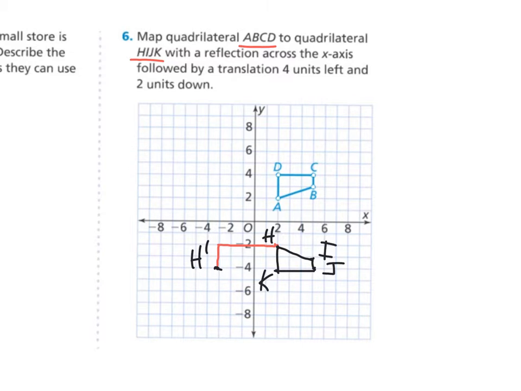Again, it's probably best that we try it with at least one other point just to make sure we're doing this consistently. So if we take I, maybe, four to the left and 2 down. So that'll become an I prime there.